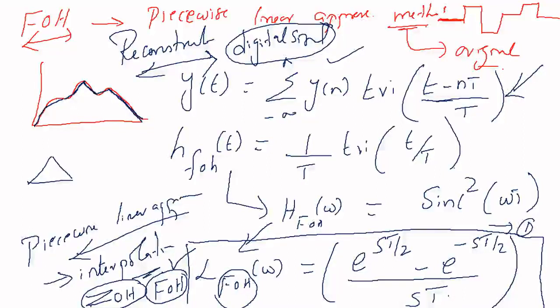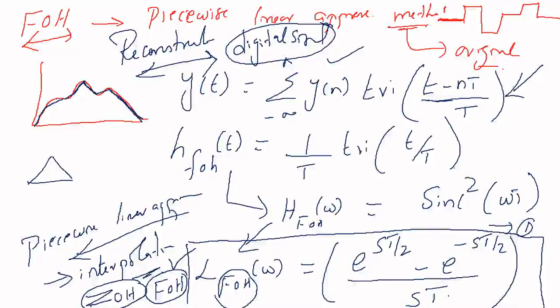This ZOH is useful for converting the discretized value back into the original signal. But ZOH has a lot of problems because we can't reconstruct the original signal accurately. So instead of ZOH, they are proposing FOH.